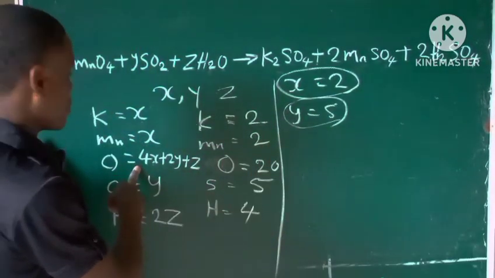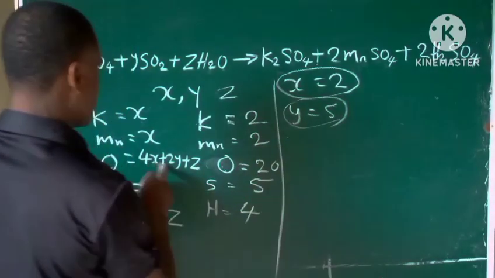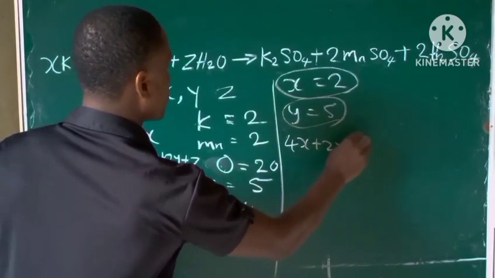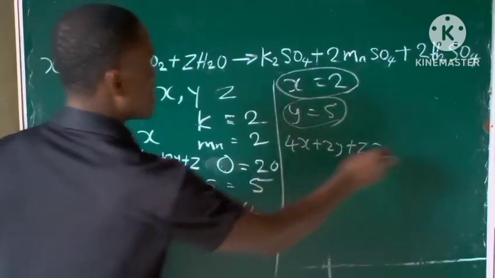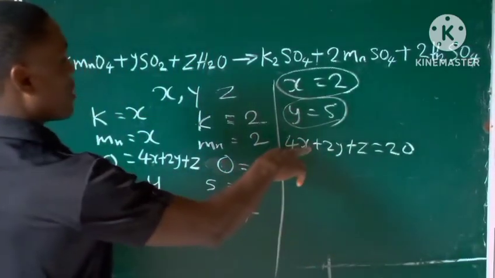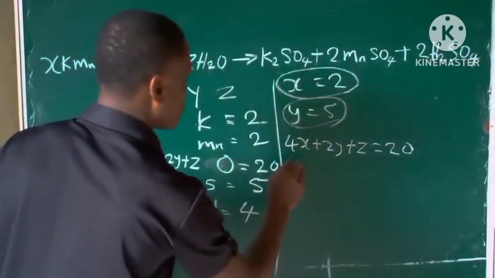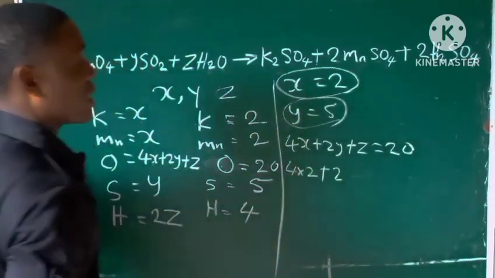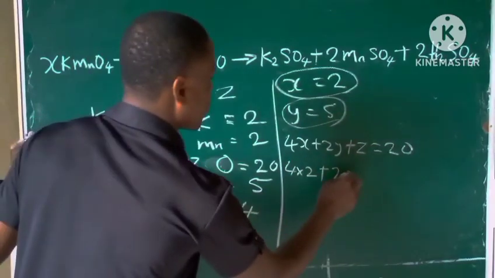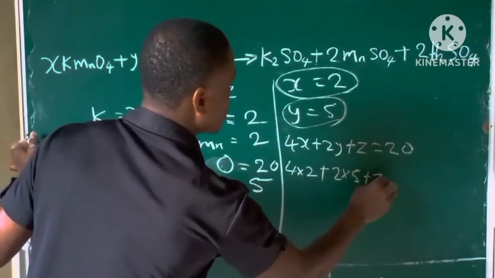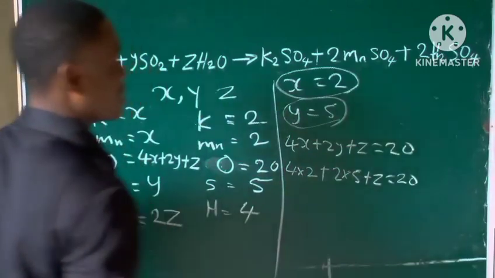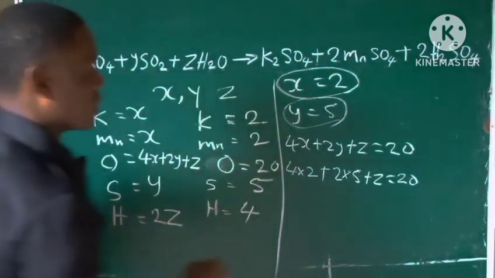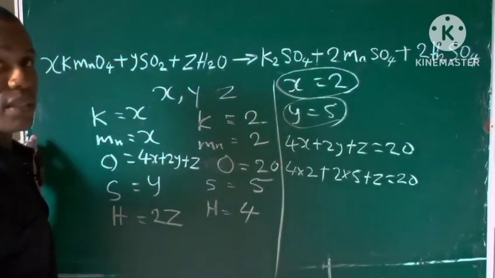So let's solve for oxygen. For oxygen we have 4x plus 2y plus z equal to 20. The value of x is 2 and the value of y is 5, so 4 times 2 plus 2 times 5 plus z equal to 20. 4 times 2 is 8, and 2 times 5 is 10.